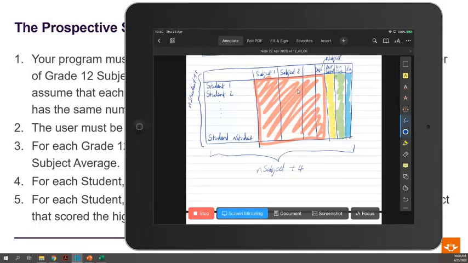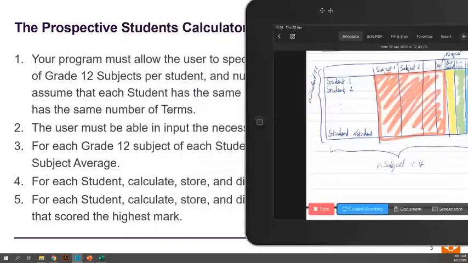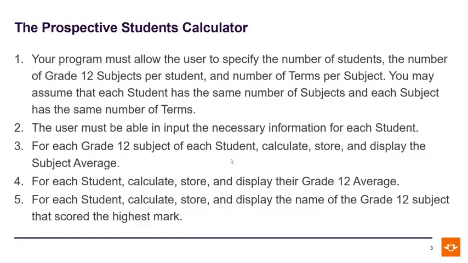Okay, we're assuming that your question actually is where do you display the marks per term, per subject, per student? Now, if that is the question, you don't display it because, ladies and gentlemen, if you go back to your question here, it says the user must be able to input the necessary information for each student, and that includes the marks of each term per subject per student.